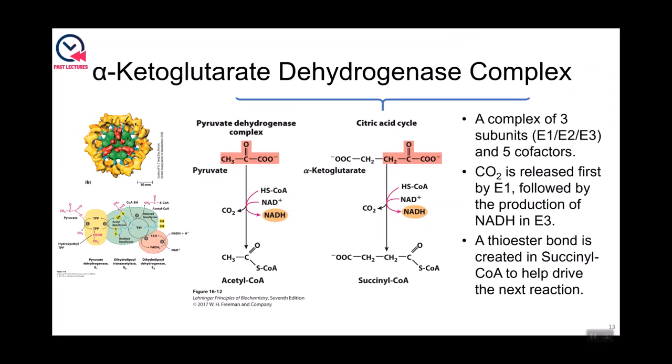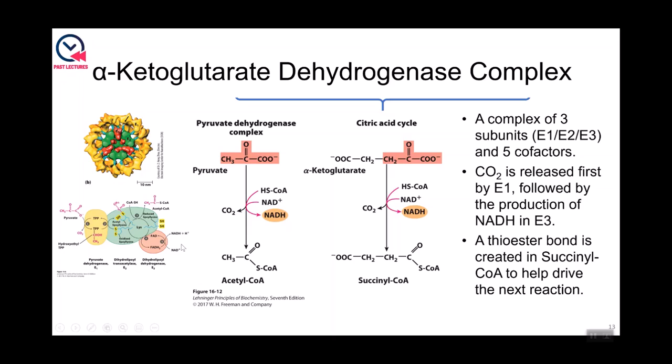If we compare isocitrate dehydrogenase to the next redox reaction, alpha ketoglutarate dehydrogenase complex, this enzyme is actually a complex of enzymes and very similar to the pyruvate dehydrogenase complex where we saw that CO2 was first released and then the NADH was made.